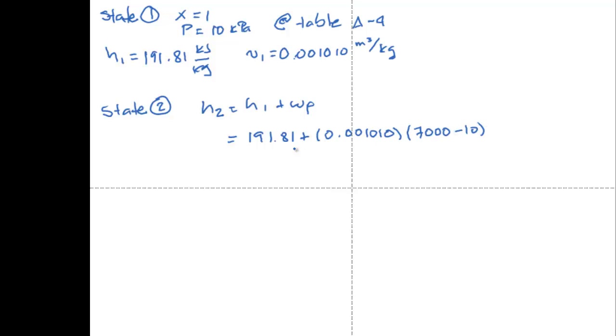In theory, it doesn't matter which specific volume we choose, since it's incompressible. That means that the density will be the same, which means that the specific volume will be the same, and that's the approximation. This 7.06 is the work of the pump.